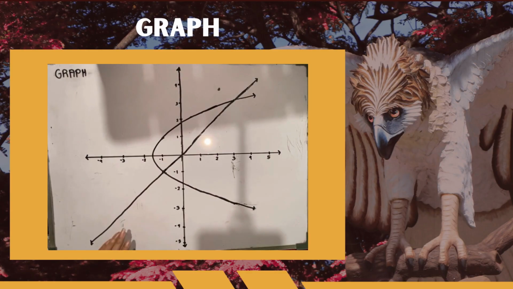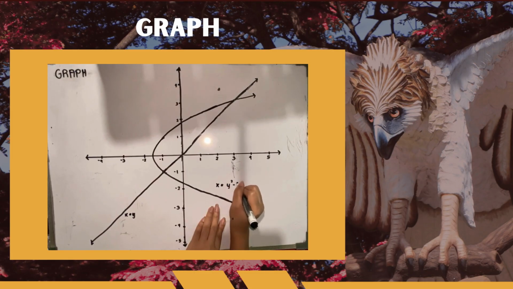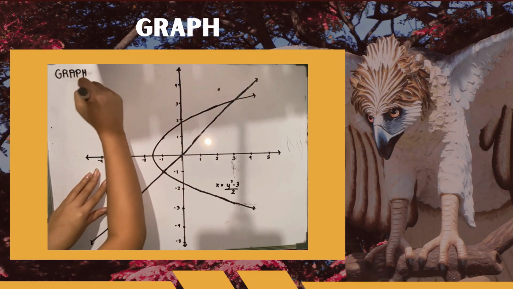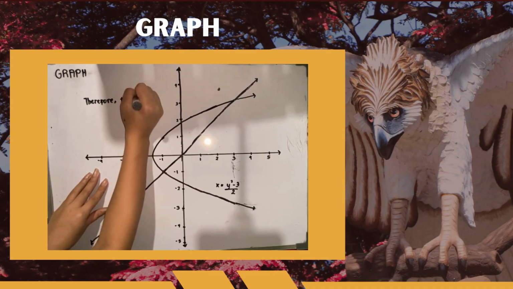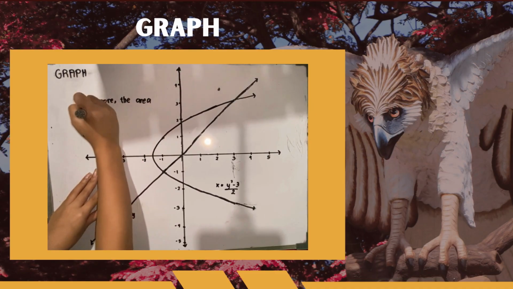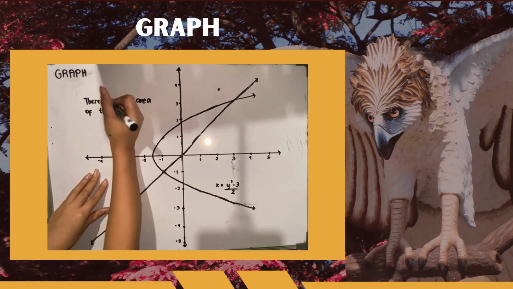So now let's plot the points for our first curve. After plotting the points, we can slowly connect those points to form a curve, or what you call a line.